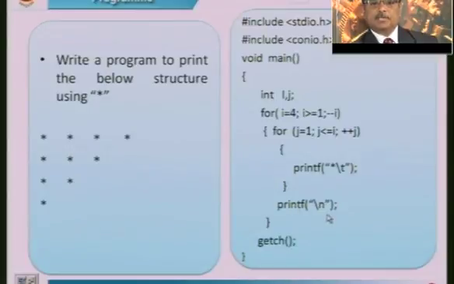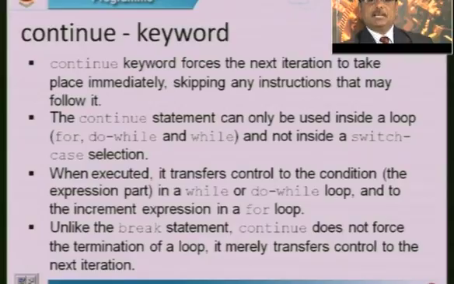Because of printf \n, control goes back to this statement and generates 3, 2, 1. This is how you can generate this by making use of the decrement operator, minus minus i. You can generate a structure of this kind. You can combine one more for loop to generate the reverse order and get a different structure in the output. This is the help of the nested for loop in programming.